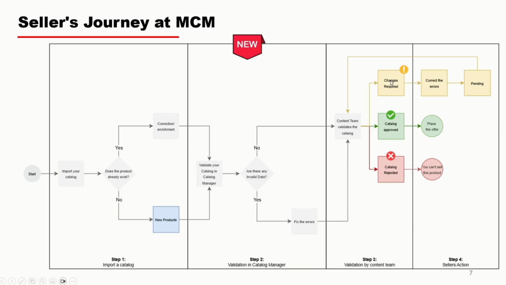For changes required products, the seller must update the product according to the feedback provided. After importing the changes, the product status will move to pending, and it will be re-evaluated by the catalog team. And finally, for rejected products, no action is required. These products cannot be sold.